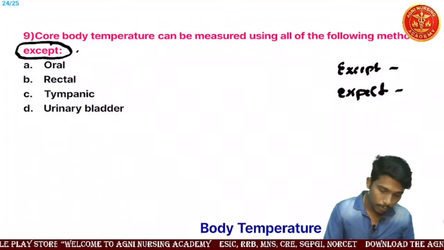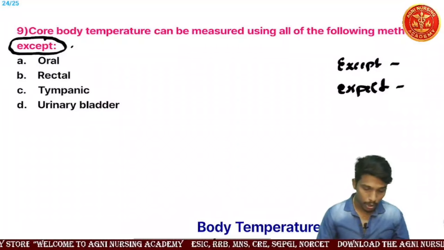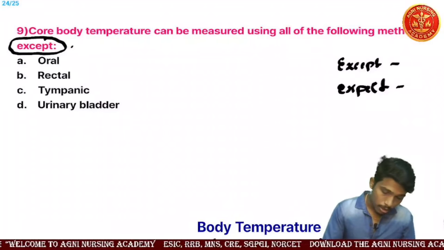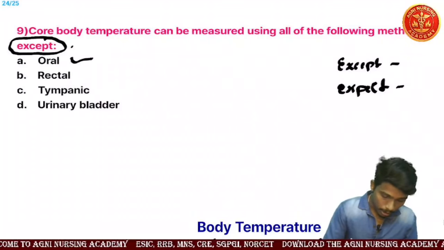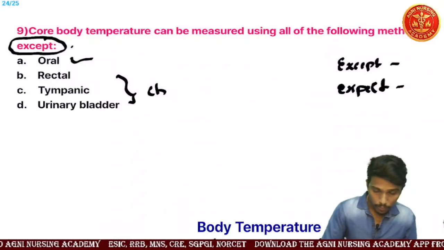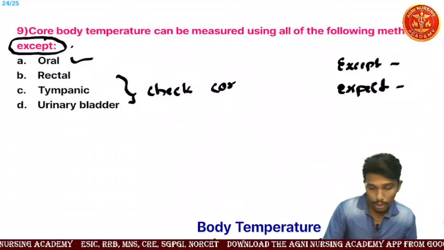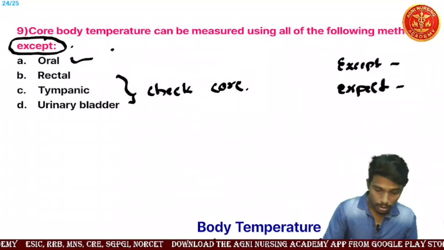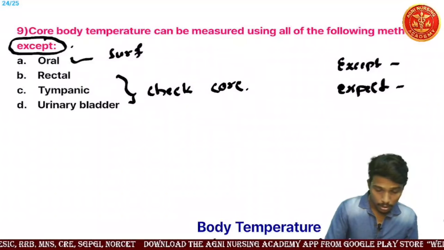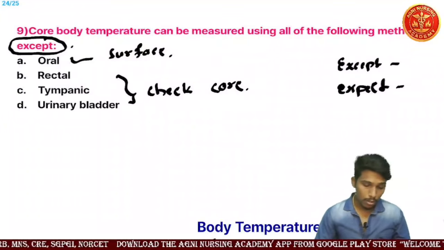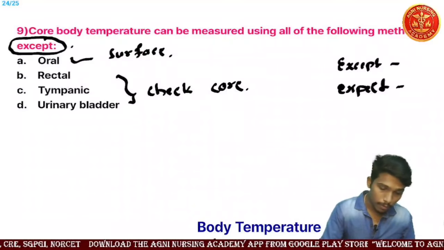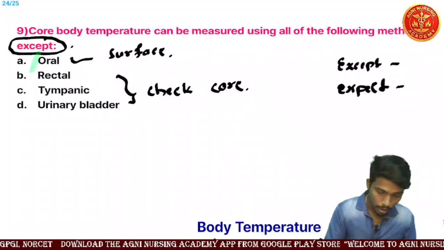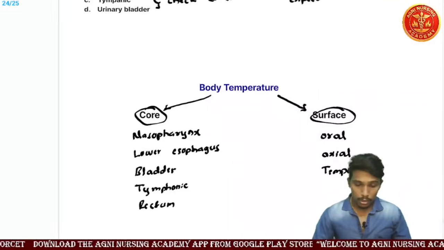Since they asked except, according to the options, oral is the right answer. We can check core body temperature in these areas, and oral is a surface region. So the answer of this question is A. Okay, this is the last question.